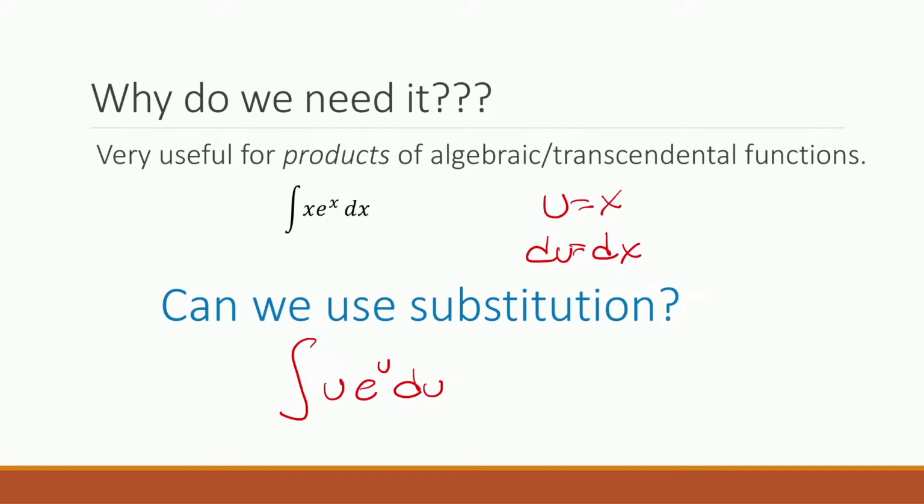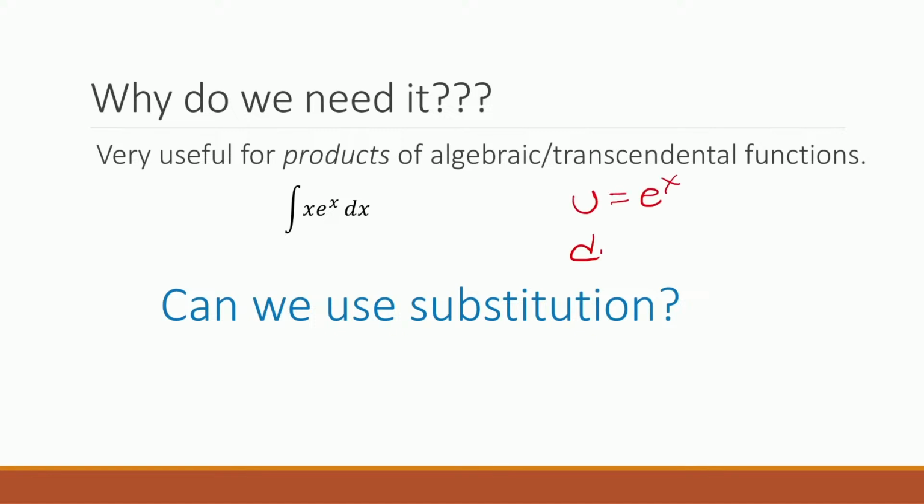So that didn't work. Let's try letting u equal e to the x, then du is equal to e to the x dx. So what is this? That's going to be the integral of, I don't even know what to do with this. I guess I could do this little trick where x is the natural log of e to the x.